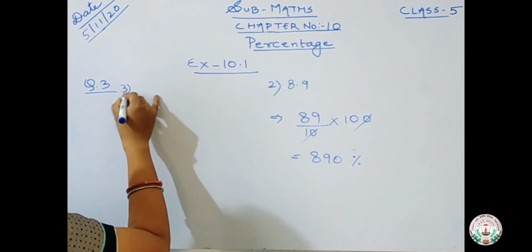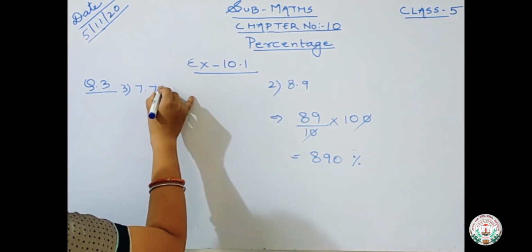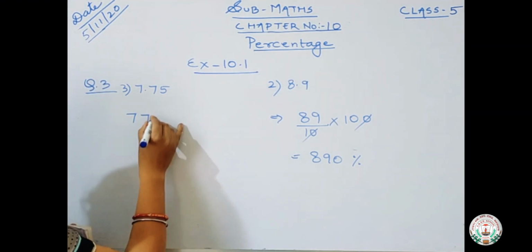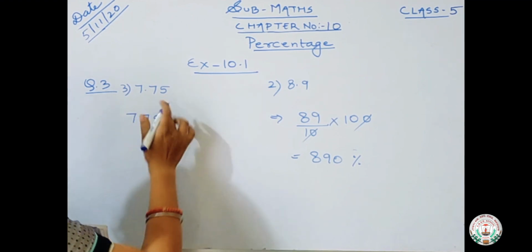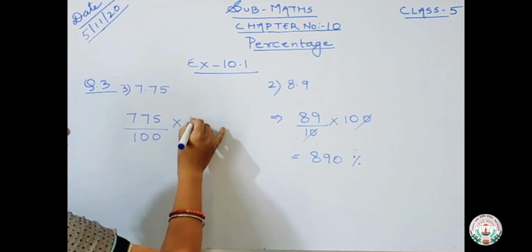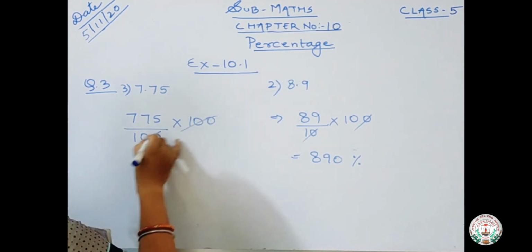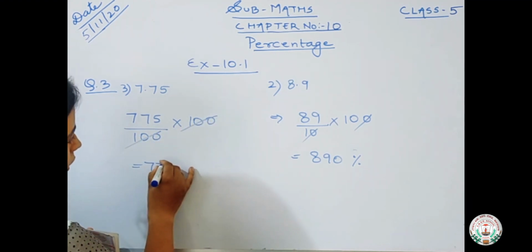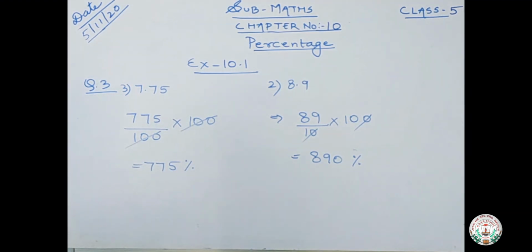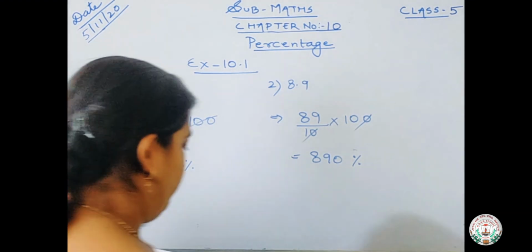Number 3 is 7.75. First we will remove the decimal. After decimal, how many numbers are given? 2. So we will place 2 zeros, into 100. This 100 cancelled out. What is left out? 775%.